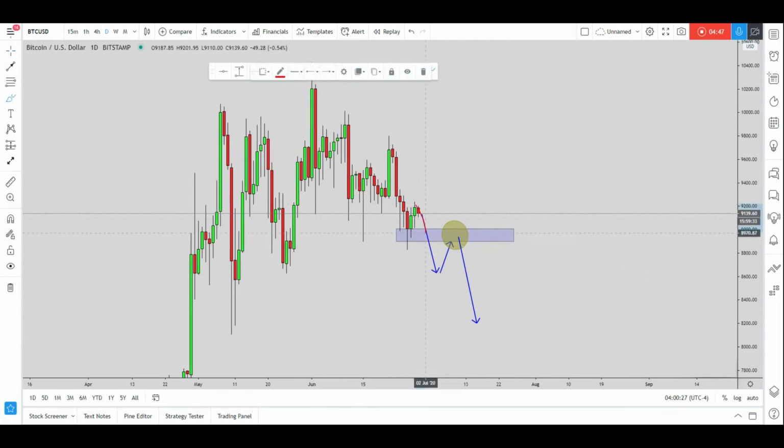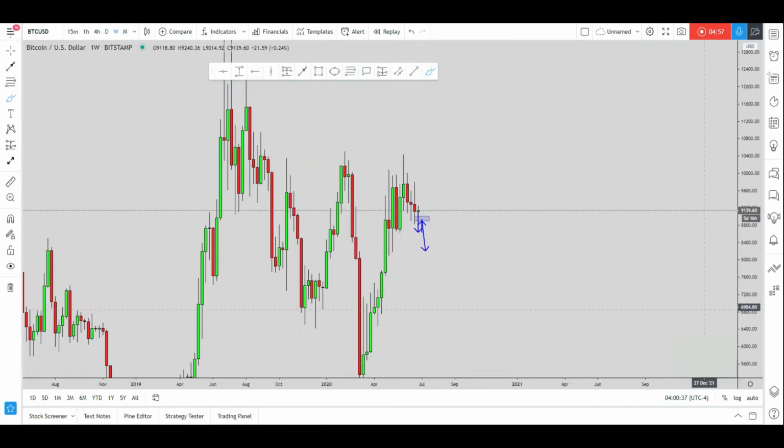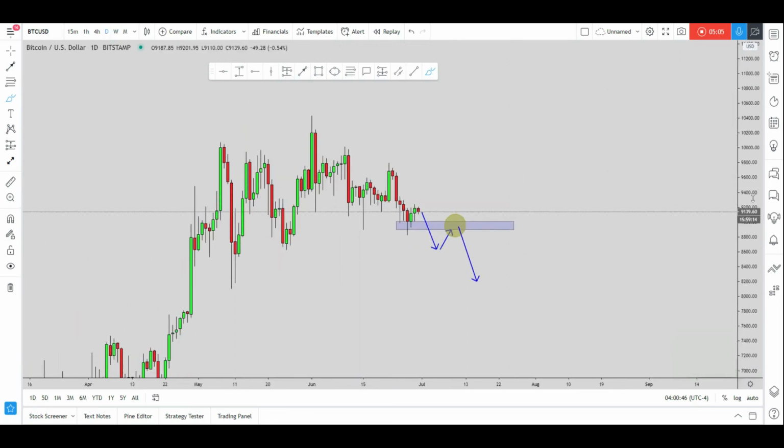But if the market does not create this move to the downside and continues to the upside, we cannot be looking for the short because we are still above the weekly support. So it's very, very important that we first see a break below the weekly support, and only then can we be looking for a shorting opportunity.